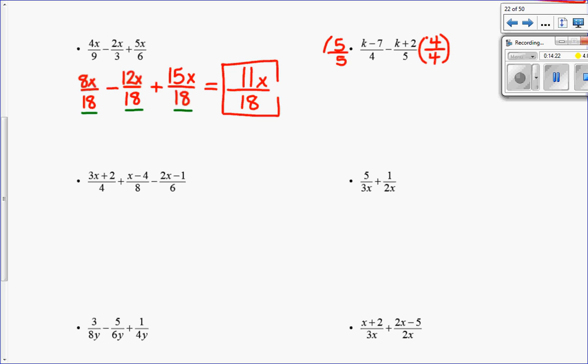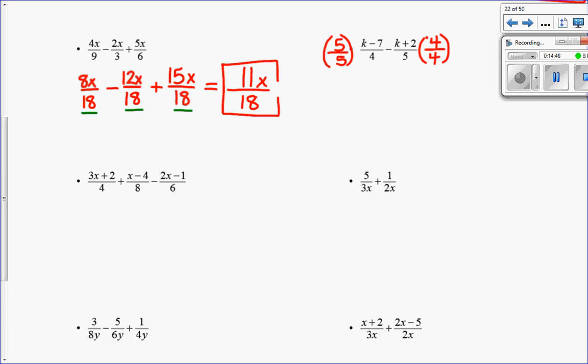So this side of the equation I'm multiplying by 5 over 5, equivalent to 1. This side of the equation I'm multiplying by 4 over 4, also equivalent to 1. So I'm really not changing the value of the equation at all. I'm just multiplying by something that's going to give me a common denominator of 20 in both rational expressions. Okay?